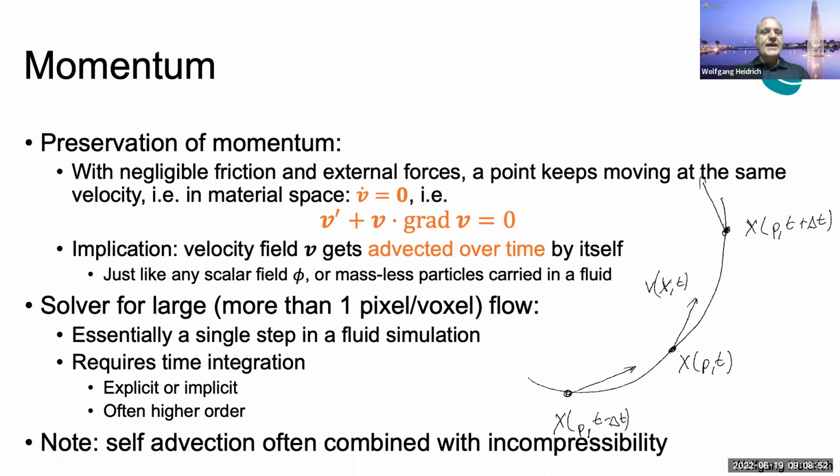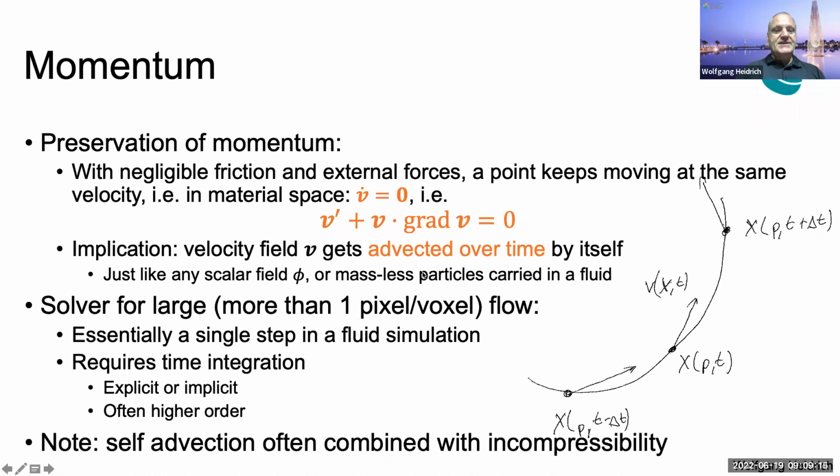Now if we go to something like a fluid, this would mean that we would have a fluid where the viscosity is negligible, for example. Then we can say in our material space, the time derivative of the velocity would tend to be 0.